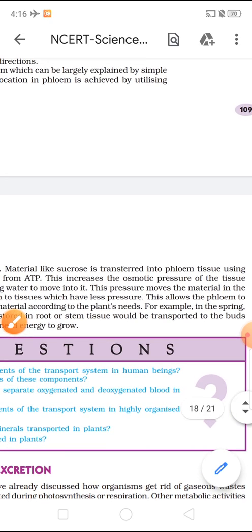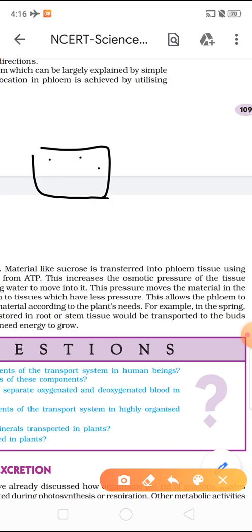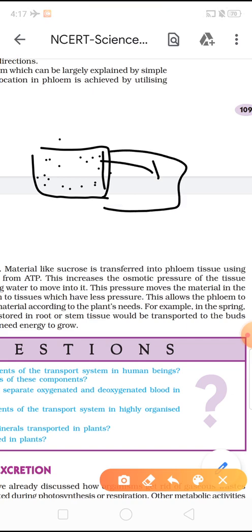Like we know, inside the cell we have water molecules, and these water molecules tend to move when the concentration is different. Here the water molecule concentration is more, so from here the water will move over there.